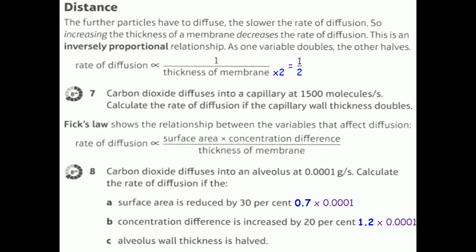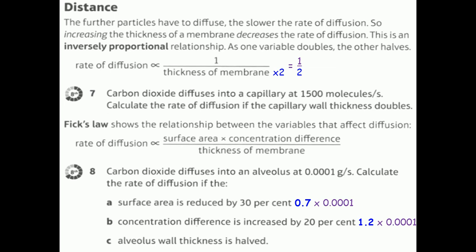And then if we look at 8c, the alveolus wall thickness is halved. So this time round, if you halve the thickness, that means you're halving the distance the gases have to diffuse across. If you halve the distance, we know that the rate of diffusion is inversely proportional to the thickness of the membrane. So in this case, the rate of diffusion doesn't halve, it actually increases.